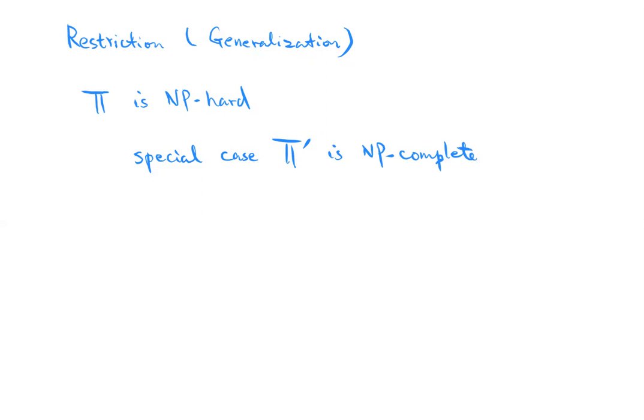What we can do is, if we know that a special case of pi prime is NP-complete, then of course that means pi is NP-complete, because pi is more general than a hard problem.